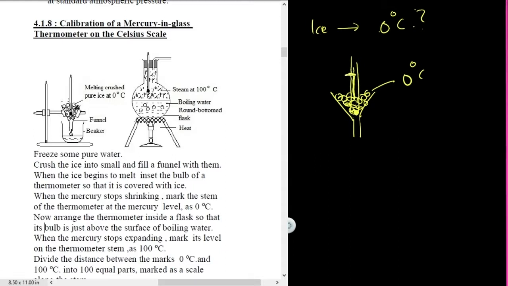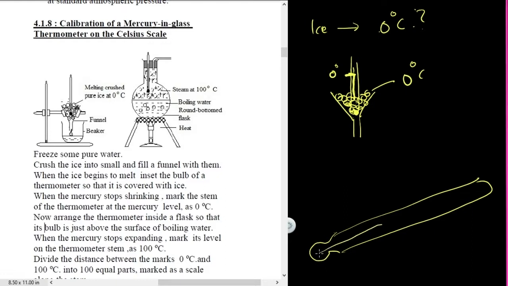So this is marked on the thermometer as 0 degrees Celsius. If we zoom in on our thermometer, let's say this is our thermometer and it stopped shrinking here. At this point, we mark it as 0 degrees Celsius.